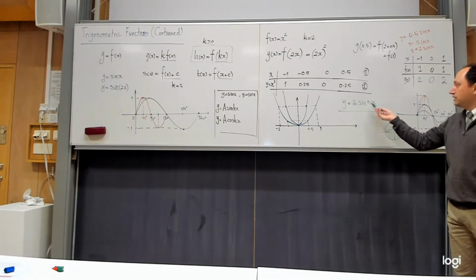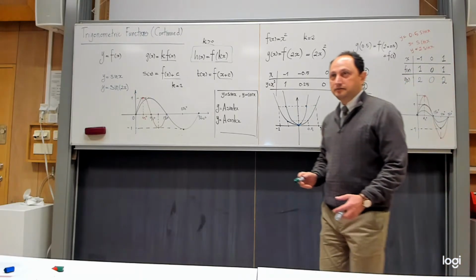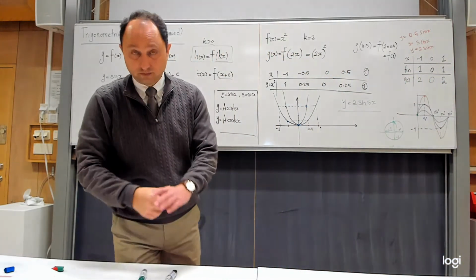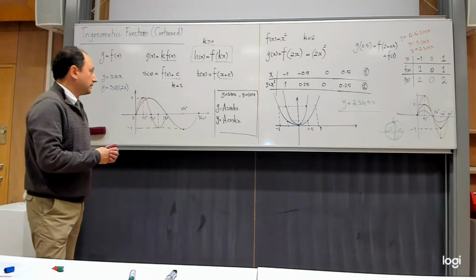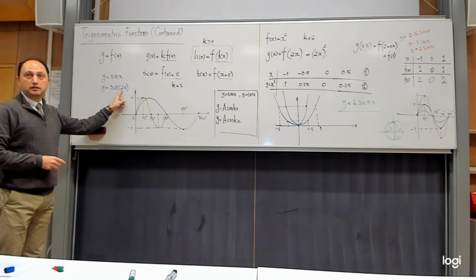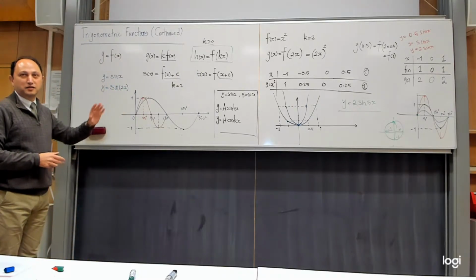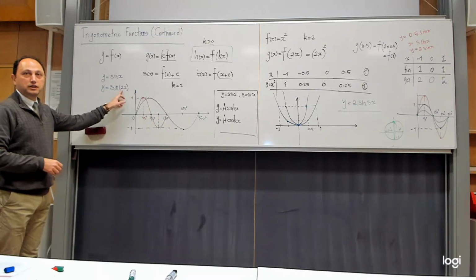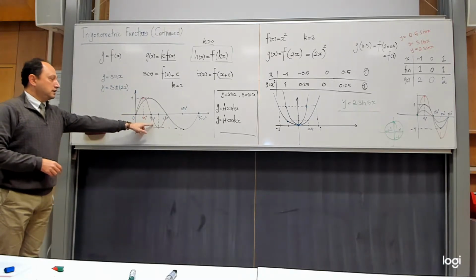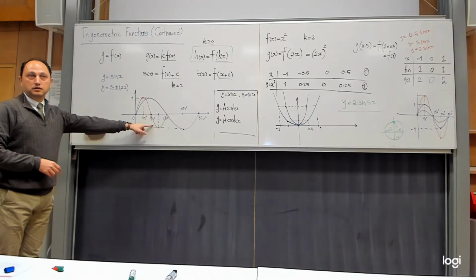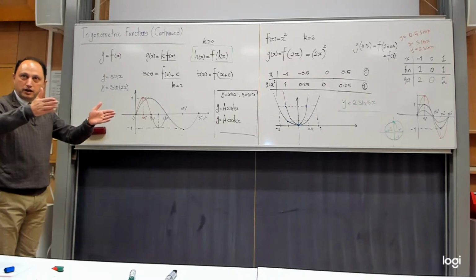And then what is the period? So what was the period here? I want you to find the pattern. That would be enough. So what was the period of this one? It was 180. Do you remember how? Because we squeezed it by a factor of 2.